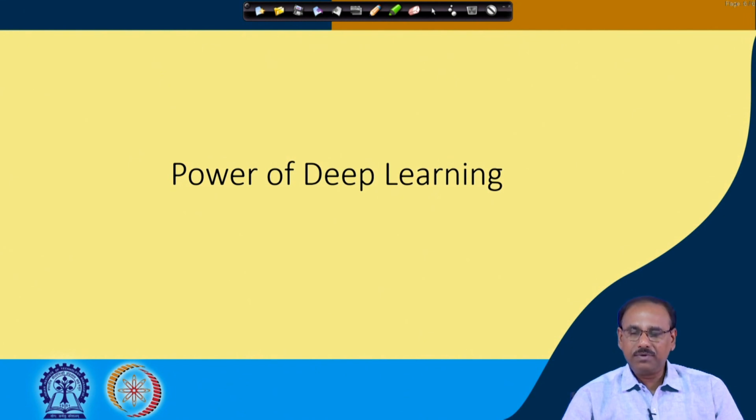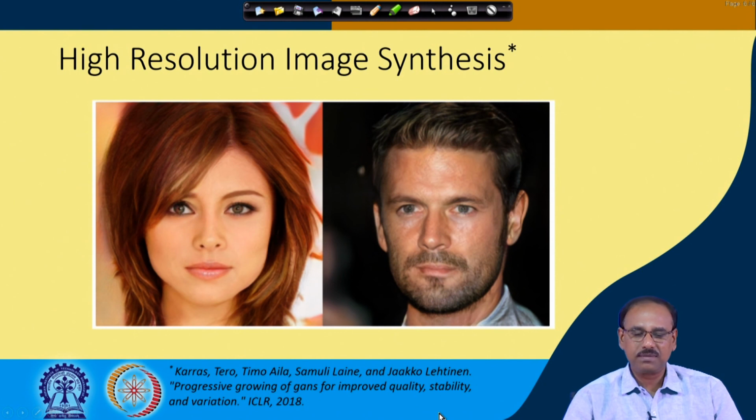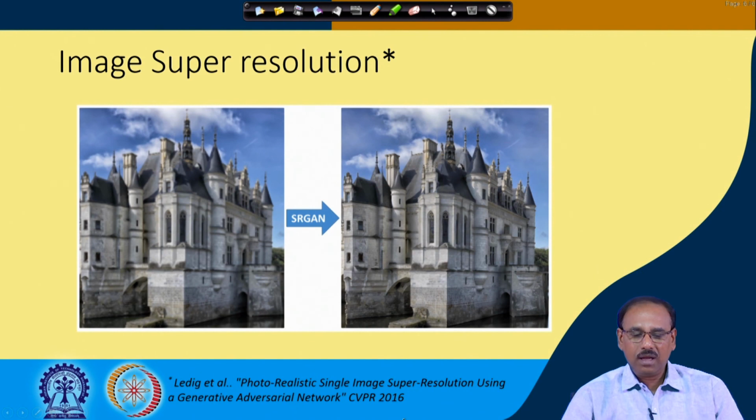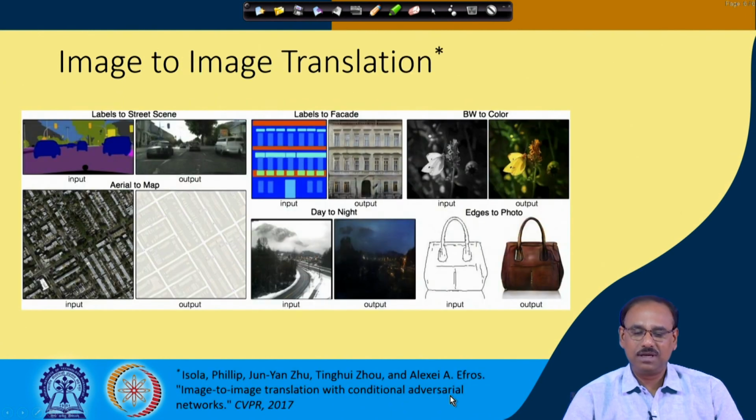Coming to the power of deep learning techniques, we can even synthesize high resolution images, and this is done through generative models. From a low resolution image, we can create a super resolution image. Given any sketch of an object, I can synthesize a photograph of that object.